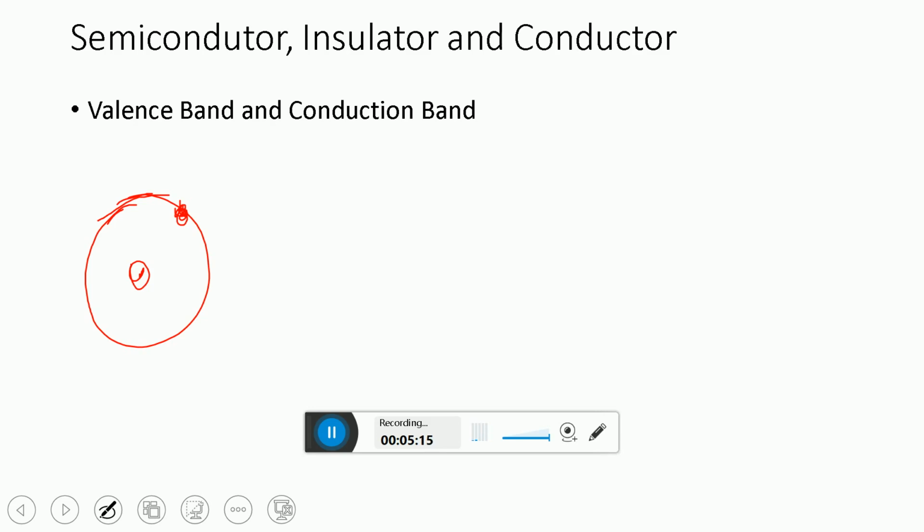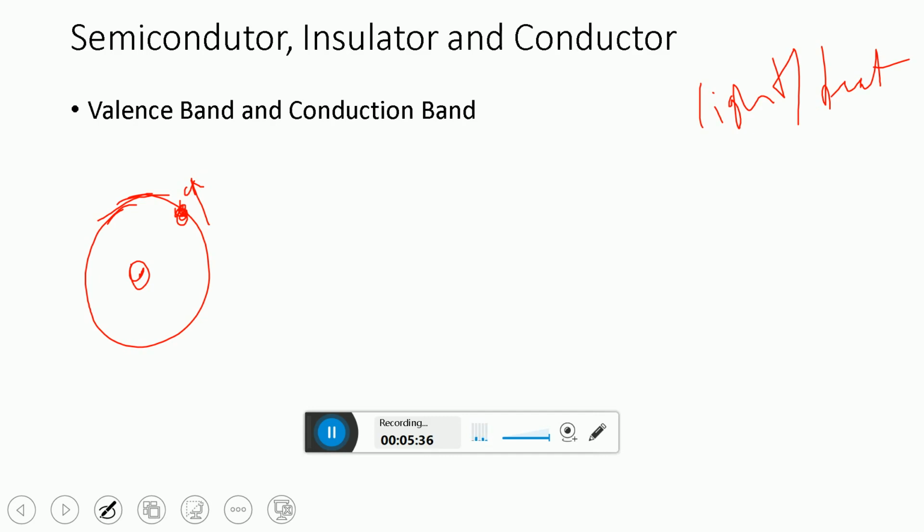Now if we provide energy to this atom in the form of light or heat to the electron present in the valence shell, then the associative energy of this electron increases.